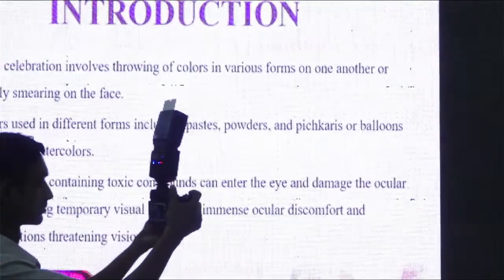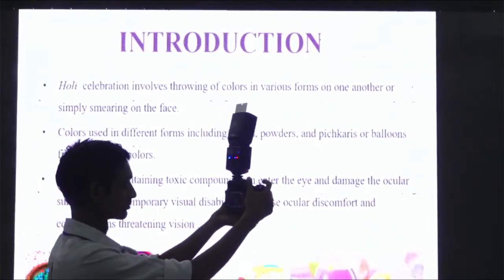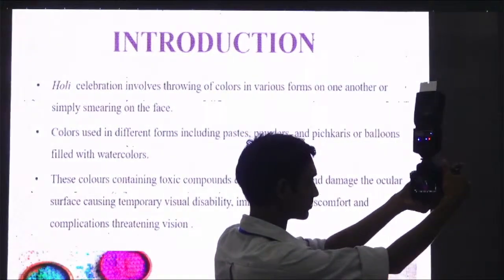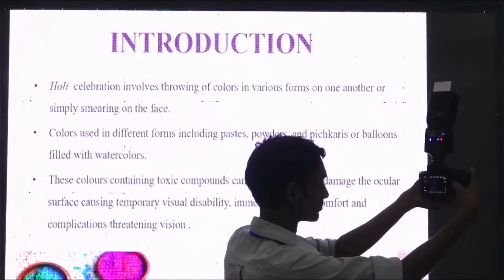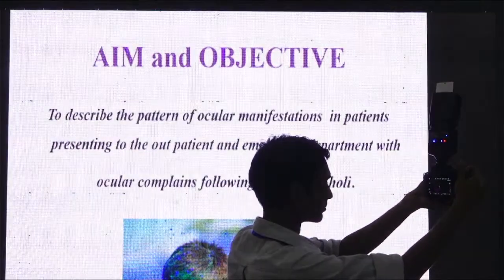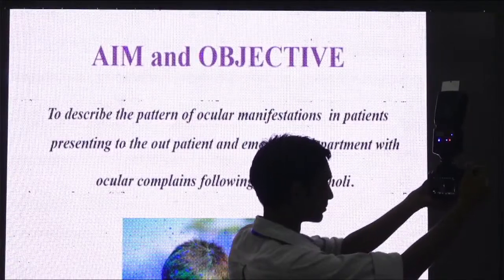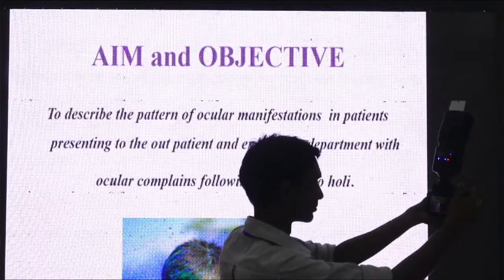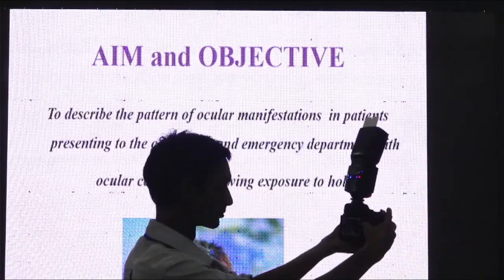These colors often contain toxic compounds and can enter directly or indirectly into the eye and damage the ocular surface, which can lead to varying ocular manifestations. The aim is to describe the pattern of ocular manifestations in patients presenting to the outpatient and emergency department with ocular complaints following exposure to Holi colors.